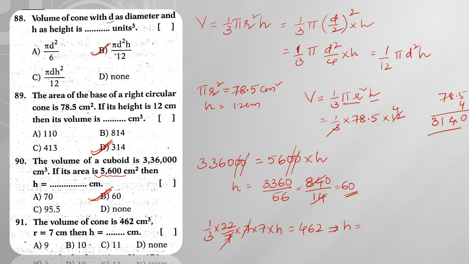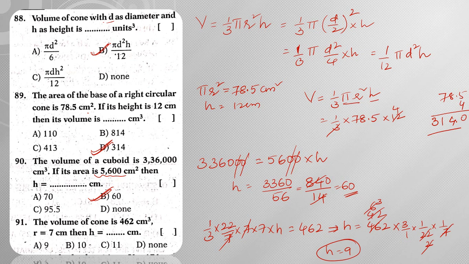Now h is equal to 462 into 3 by 22 into 1 by 7. In the 11 table it goes 42 times. In the 7 table, 7 6s are 42. Again in the 2 table this goes 3 times, so 3 3s are 9.